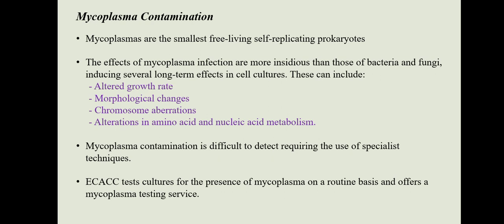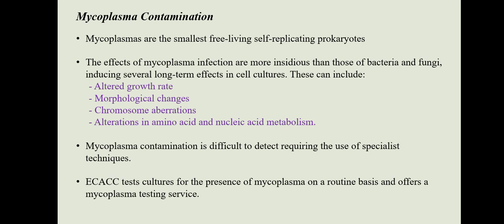Second one is mycoplasma contamination. Mycoplasmas are the smallest free living self replicating prokaryotes. The effects of mycoplasma infection are more insidious than those of bacteria and fungi, including several long term effects in cell cultures.